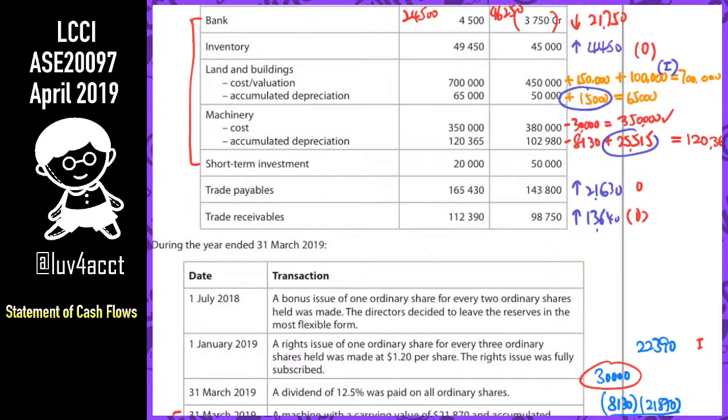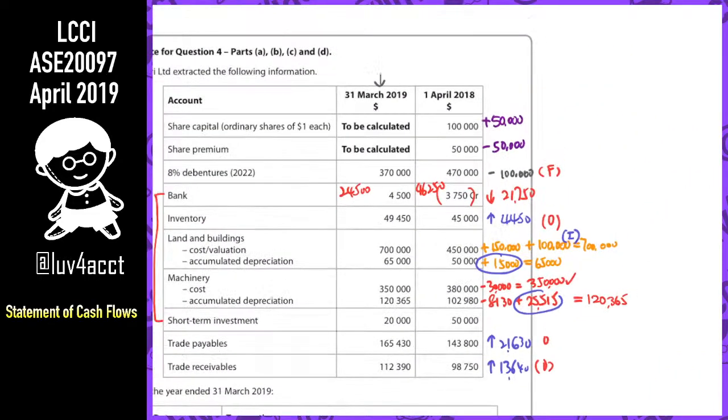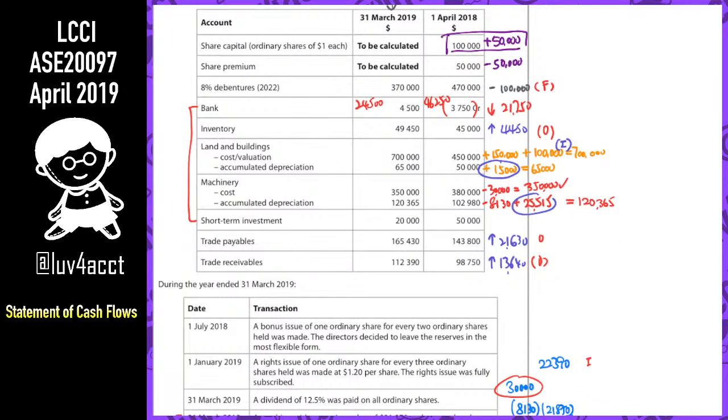On the 1st of January year 2019, a right issue of 1 ordinary share for every 3 ordinary shares held was made at 1.2. The right issue was fully subscribed. Okay, so we now have 150,000, and then our right issue is 1 for every 3.